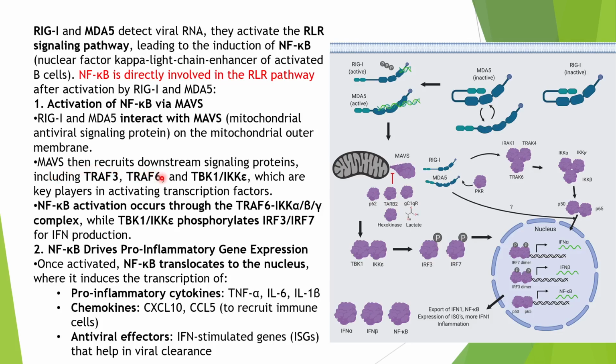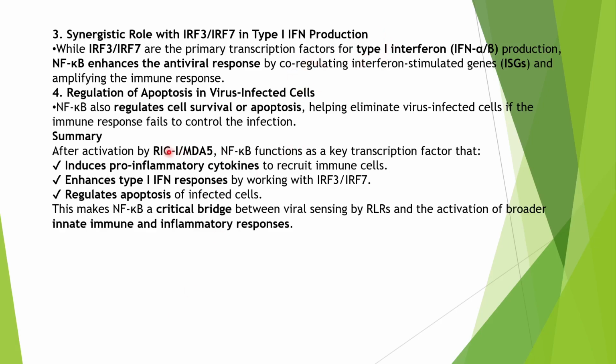Then you have your later adaptor proteins, your TRAF, TRAF6, TBK1, IKK, then phosphorylation of your TBK1, then we have co-regulation with IRF3, 7, and finally it results in production of pro-inflammatory cytokines, chemokines, antiviral effectors, your interferons, and also helps in cell survival during the infection or removal of the completely infected diseased cells by apoptosis.